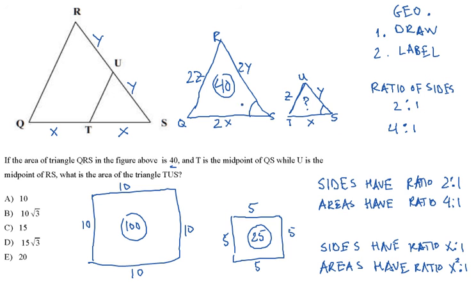So if the area of the big triangle is 40, the area of the small triangle must be 10, which is answer choice A.